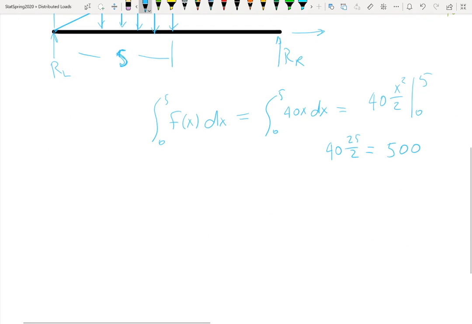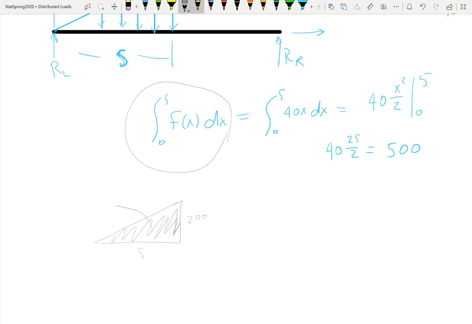Now, let's look at it for the mathematical sense of what this actually means. If you've got a function that sits here, it's 200 high, it's 5, and you want to know the area, your area is equal to 5 times 200, and you're missing half of it, because the area does not include this upper part.